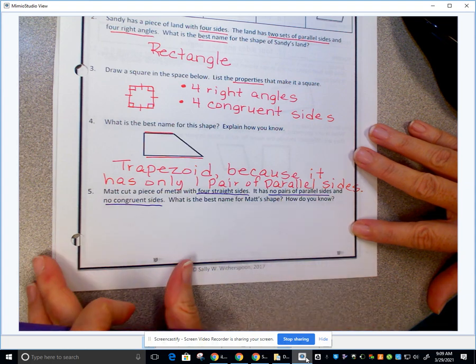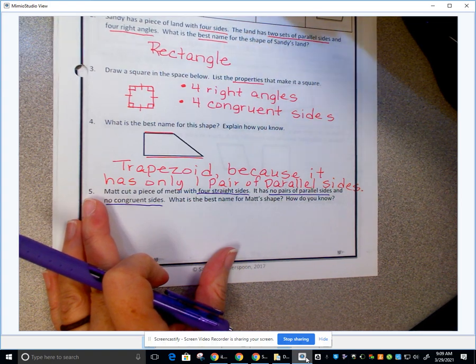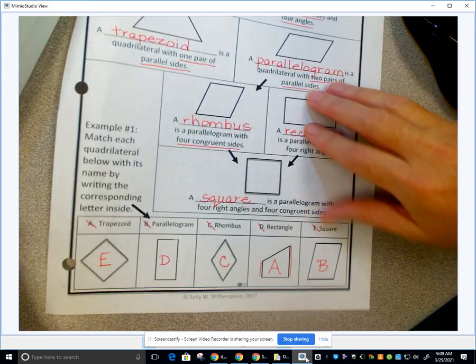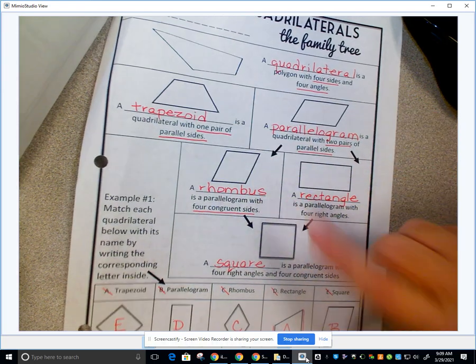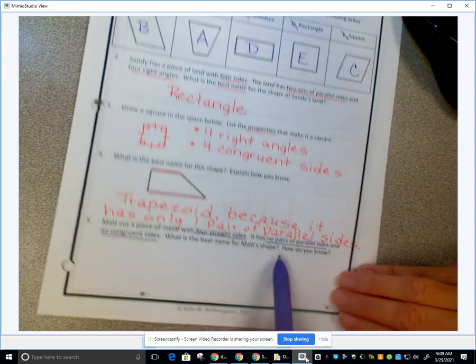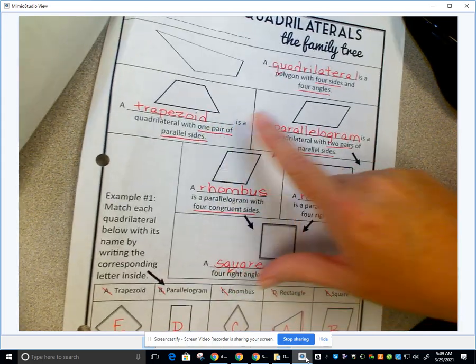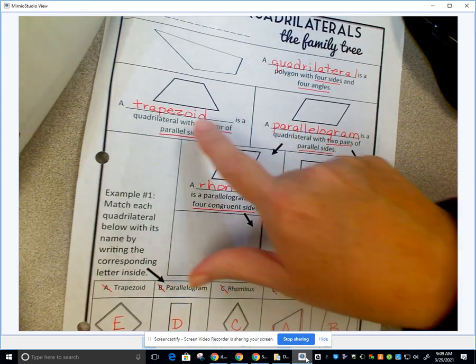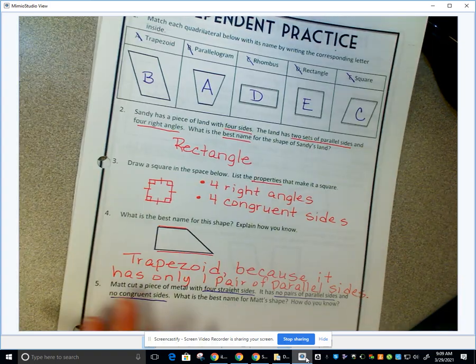How do you know? Well, if it's got 4 straight sides, we know we can call it a quadrilateral. And it said it had no pairs of parallel sides. So it can't be a trapezoid or a parallelogram because this has 1 pair of parallel sides. This has 2 pair.